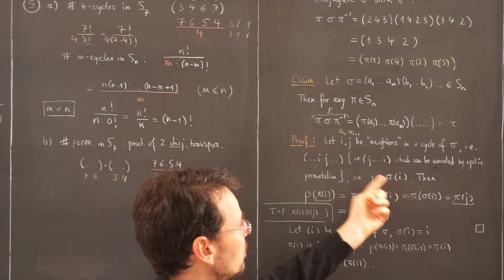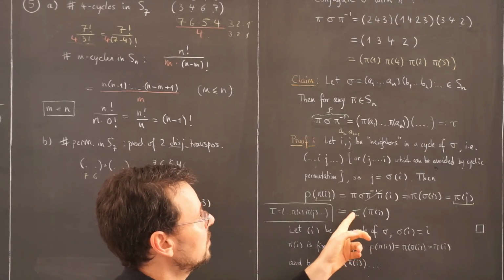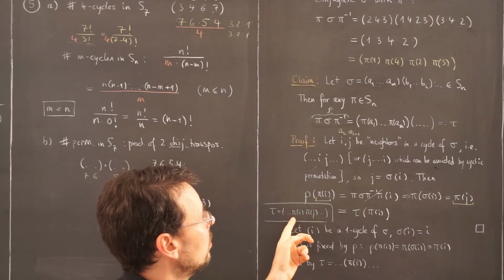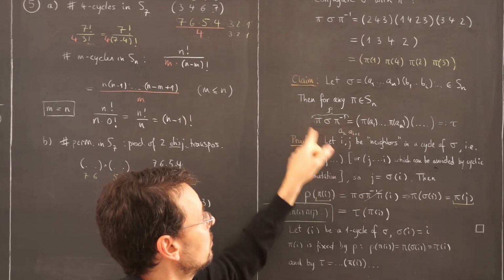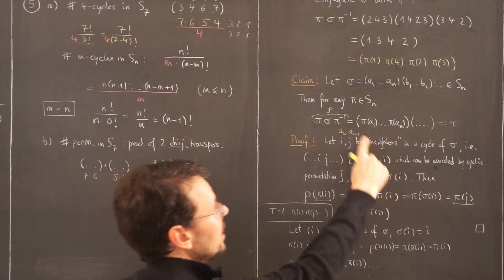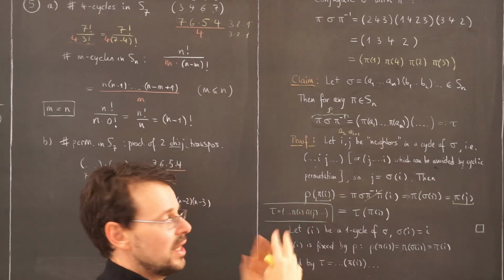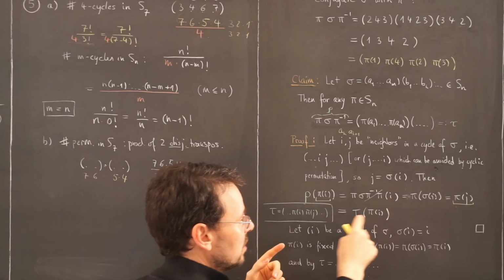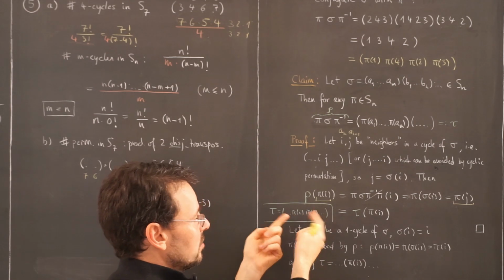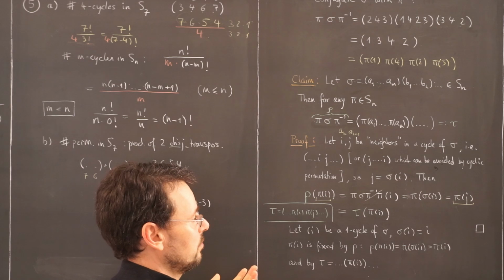So this should be clear enough with I and j instead of that. But I should have said in the end, by definition, tau, if ij is in the cycle decomposition of sigma, then by definition here in tau we have pi of I and pi of j as neighbors. So this is this equality sign here, because by definition tau moves pi of I to pi of j.